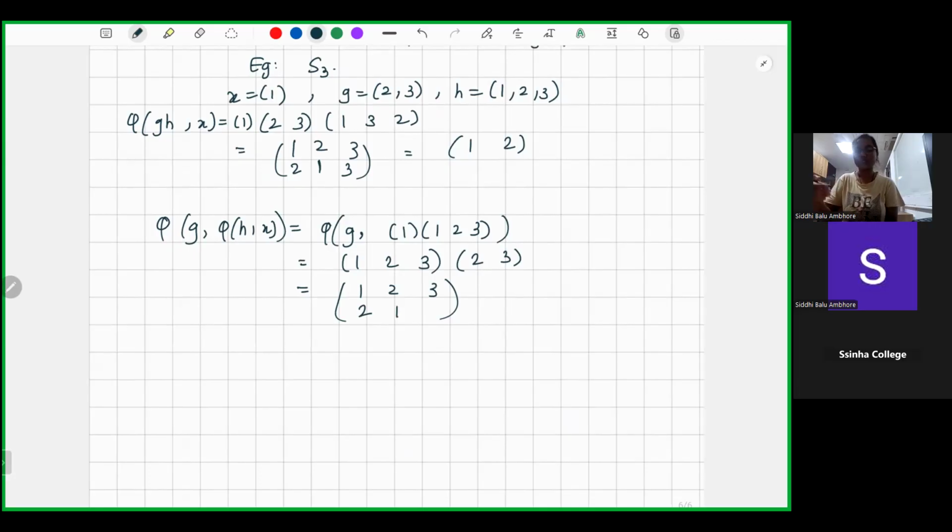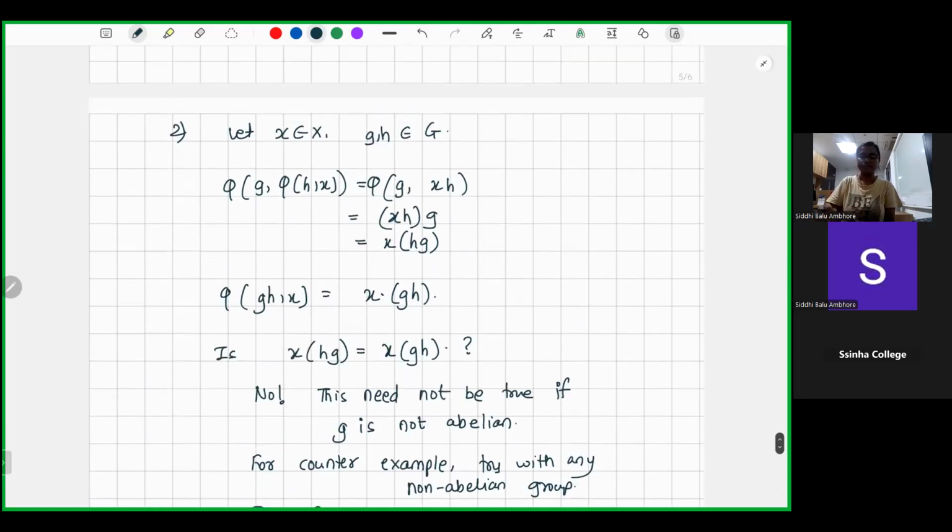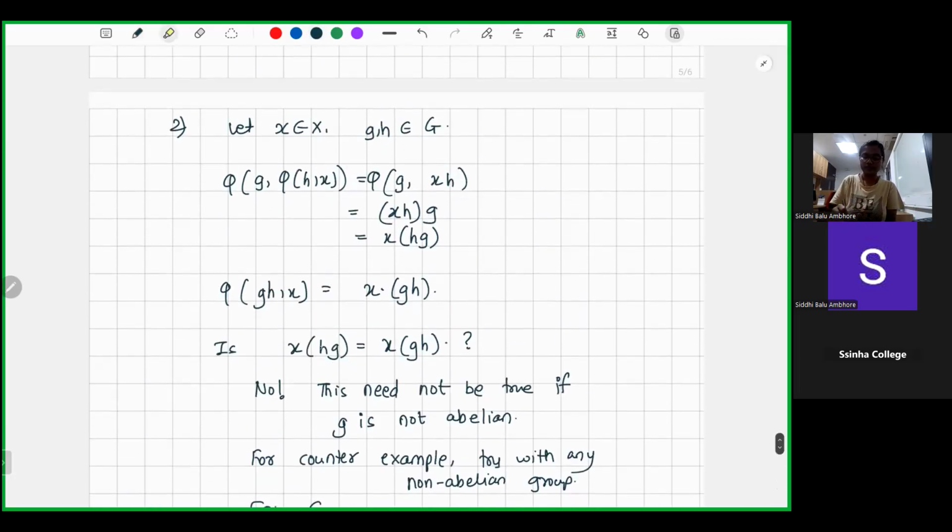Doesn't matter. But you can check with some other elements, and you can see that this is not in general true. You can take two elements which do not commute, and you will see that gh is not equal to hg, and ultimately we get that this is not true in general.